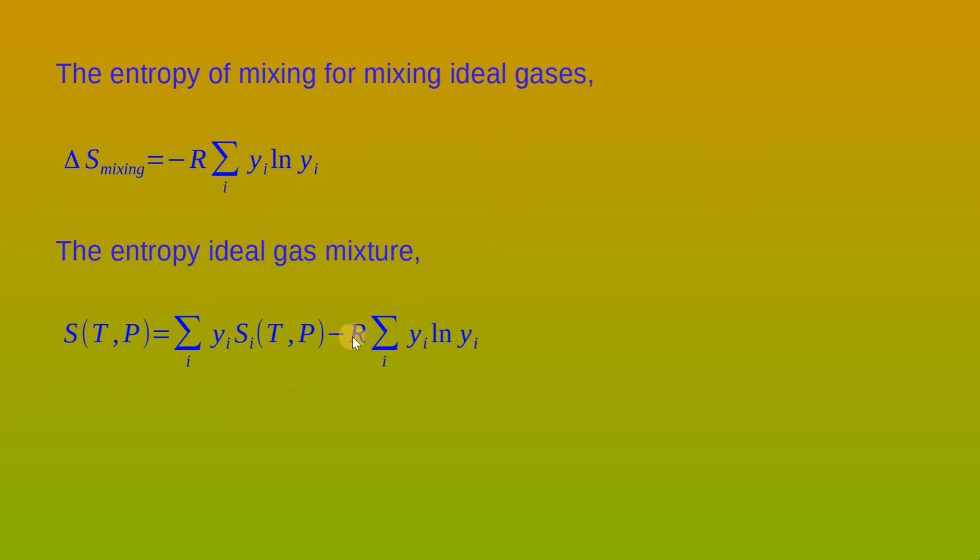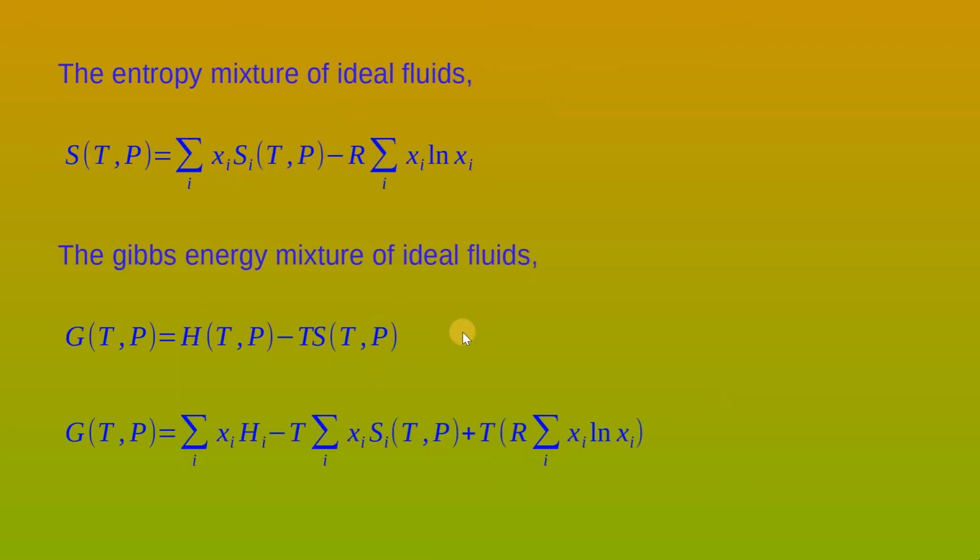We get it as minus R summation yi ln yi. Now this is a positive number. The entropy of mixing of ideal fluids therefore can be written as S(T,P) equals summation xi si(T,P) minus R summation i xi ln xi, where xi is nothing but the mole fraction.